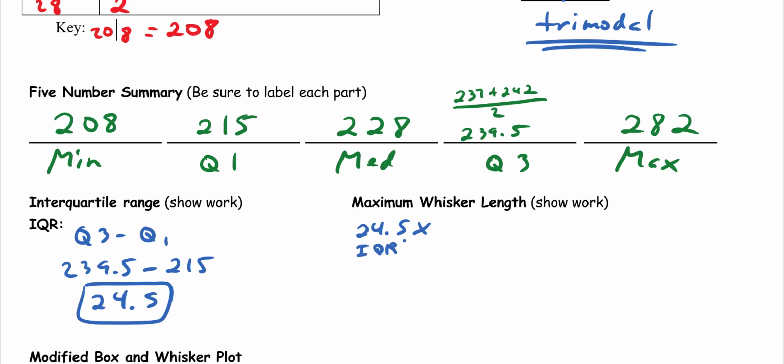So 24.5 times 1.5. Always 1.5 as far as we're concerned now, because it's a mild outlier, or we call it just an outlier. Remember, if it was an extreme outlier, it would be times 3, but we're not using extreme outliers. Okay? So multiply that by 1.5, and I get 36.75.